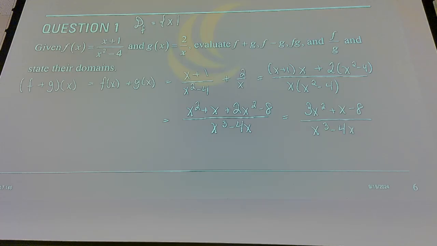Just for f of x? Just for f, what is its domain?